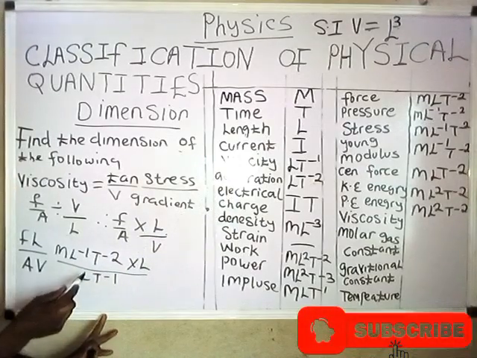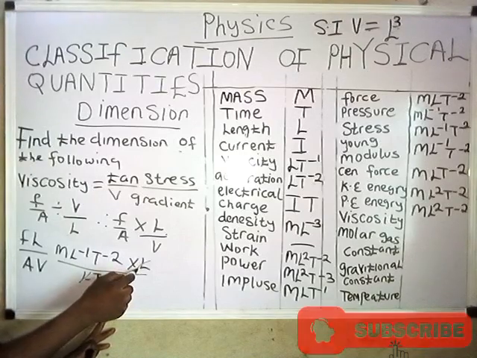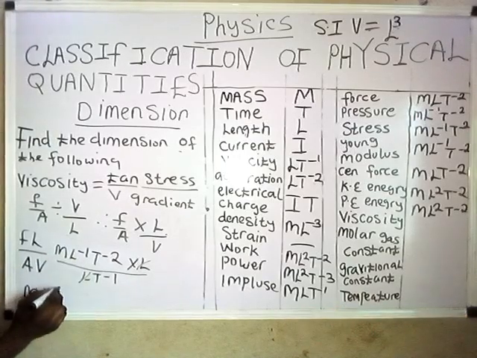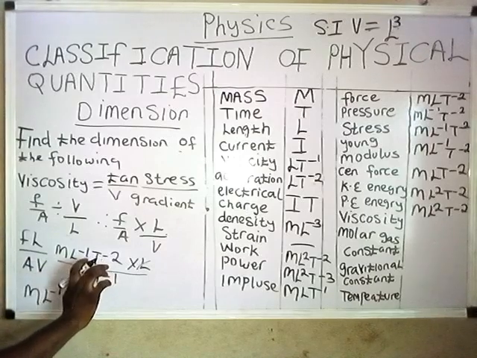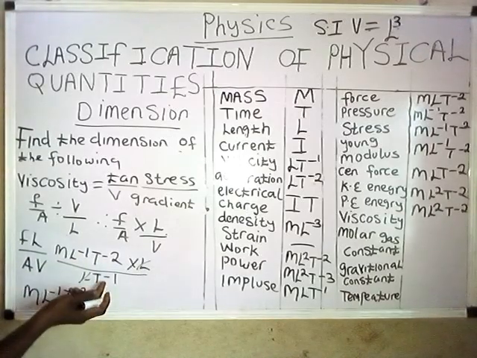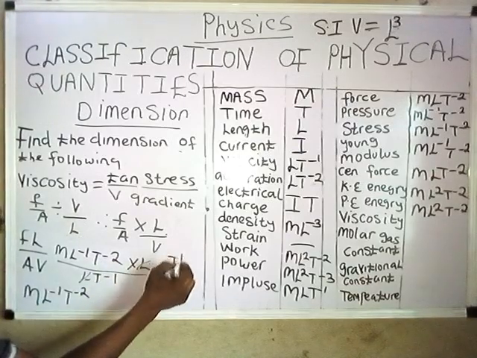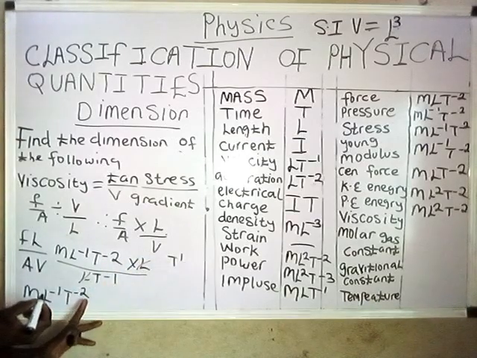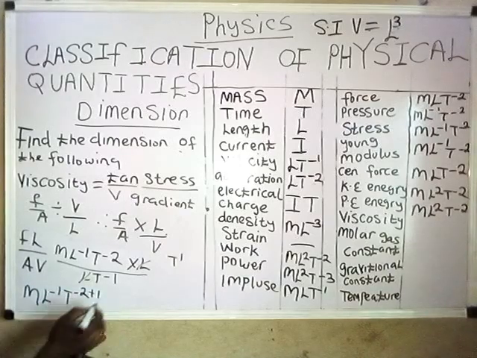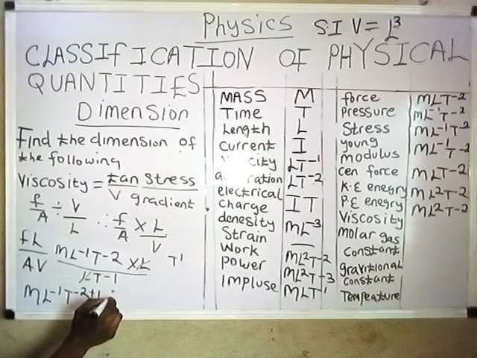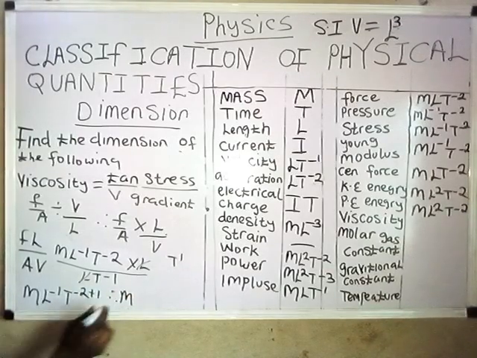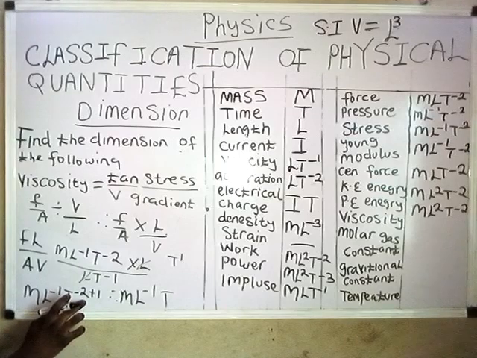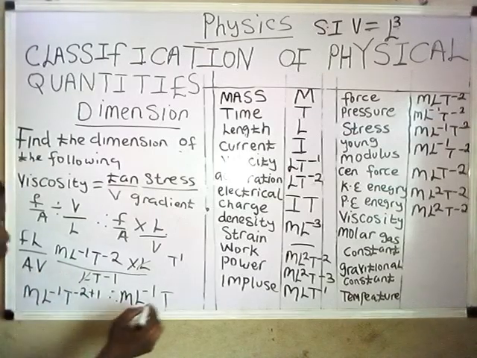So looking at this, the L cancels and we now have M. There's L^-1, then T^-2 plus 1, because the inverse of T^-1 gives T^1. So we now have M L^-1, then T^-2 plus 1 gives T^-1.